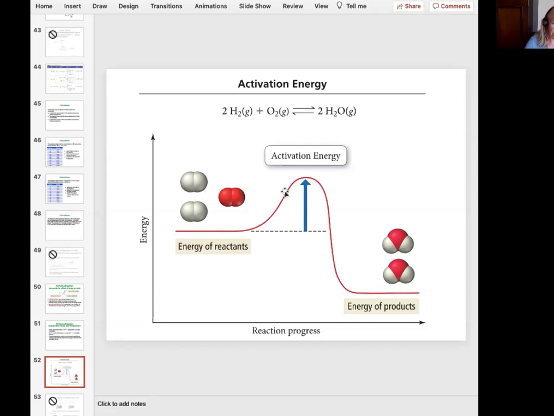So you have to initially pay an energy penalty, and then you get energy out on the backside of that. And so the higher this activation energy is, the slower your reaction rate is going to be, because the more energy that you have to overcome to get to products.